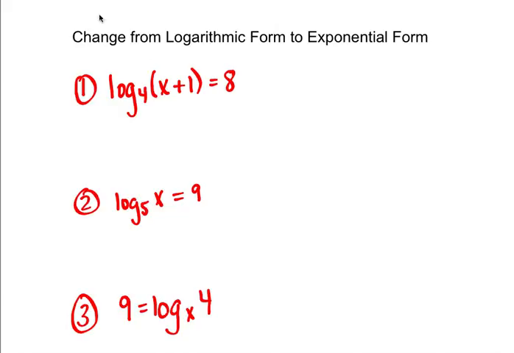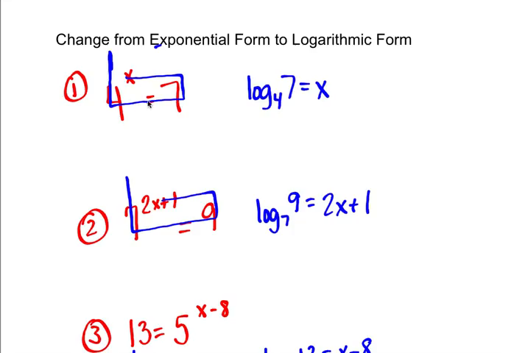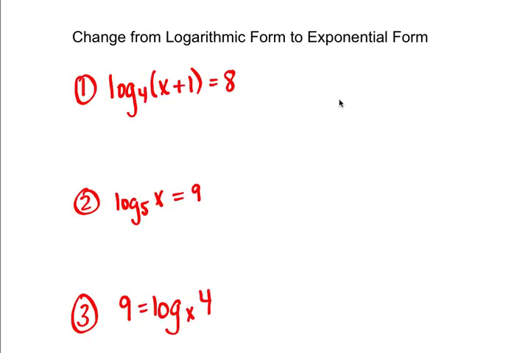All right, so now let's change from logarithmic form to exponential form. So in this transformation, you know your answer is going to have a big base with an exponent. It's going to look something like this that we just covered. Here we were going from exponent to logarithmic form, and here we're going from log to exponent form.